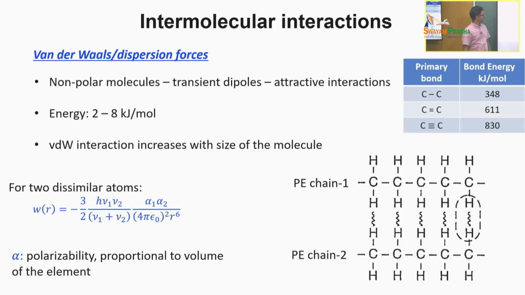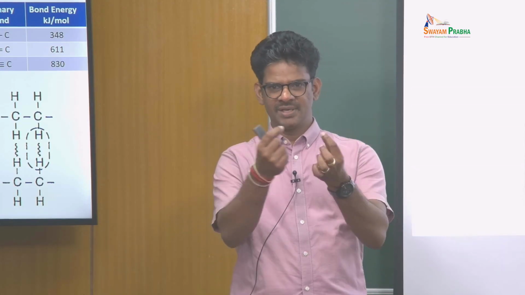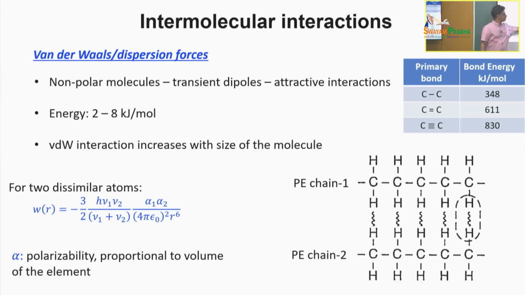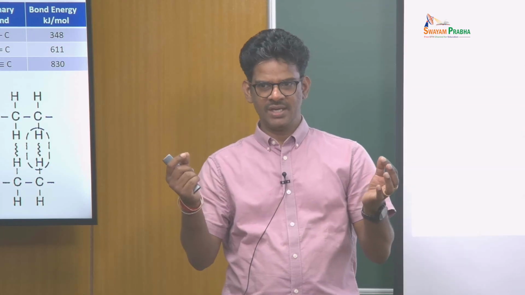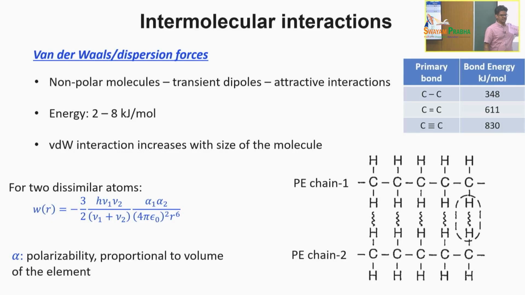What is important is that this is an interaction energy between two non-polar atoms separated by a distance r, and it decays as 1 by r to the power 6. Two things. First, this interaction is always attractive. Atoms want to come close to each other, and the dependence is 1 by r to the power 6. So when they are far away, they don't interact. These are called short range interactions.